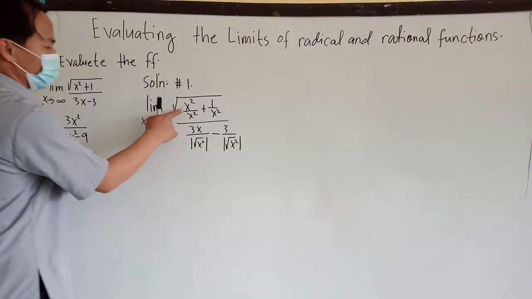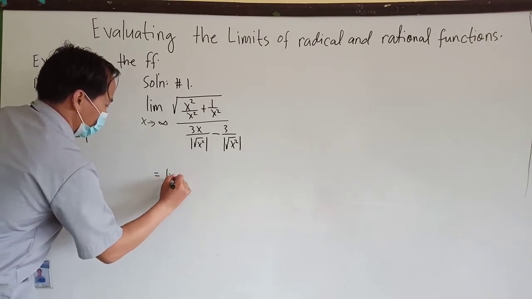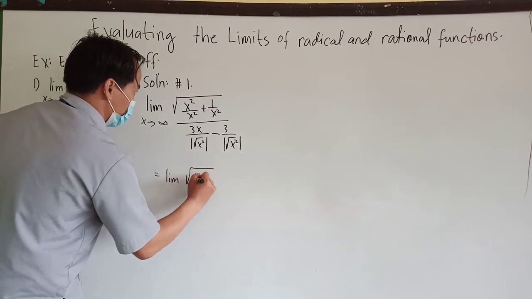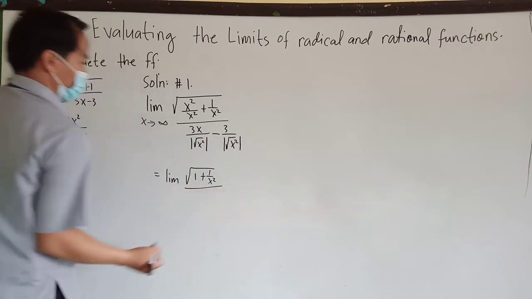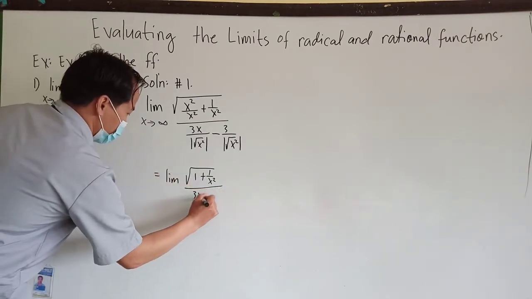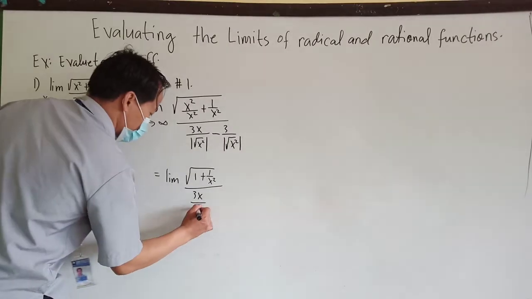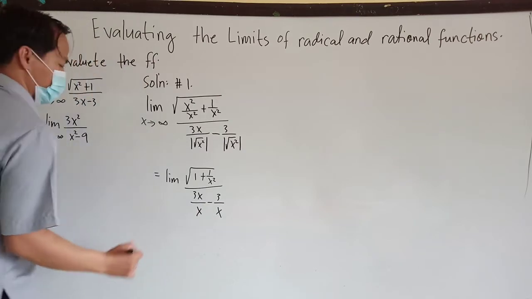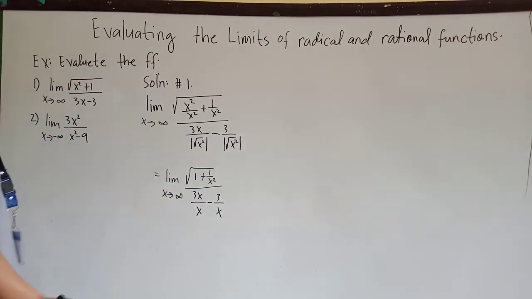After that, we can simplify: limit of square root of 1 plus 1 over x squared over 3x over x, minus 3 over x as x approaches infinity.